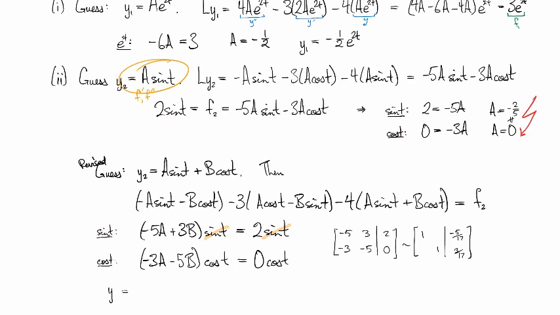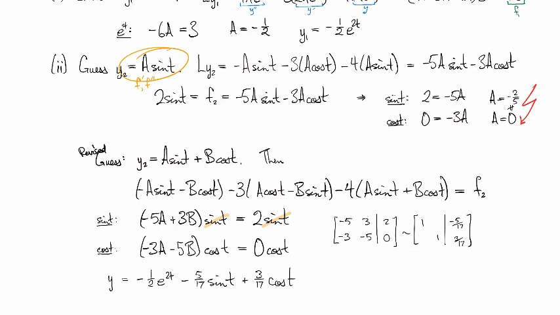So we've got our y1 part, which we already found was minus 1/2 e to the positive 2t. And then we've got minus 5/17 sine t plus 3/17 cosine t. And there's our full particular solution.